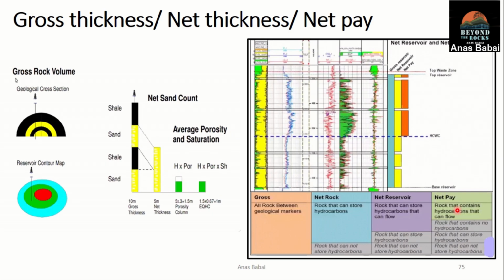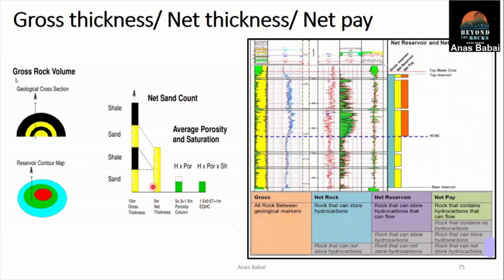Now if we want to get to the net pay, we have to apply the cutoffs, and we have said that earlier, the cutoff value. Basically the cutoff values are the minimum accepted values for specific parameters. For example, we have porosity, shale volume, and water saturation.